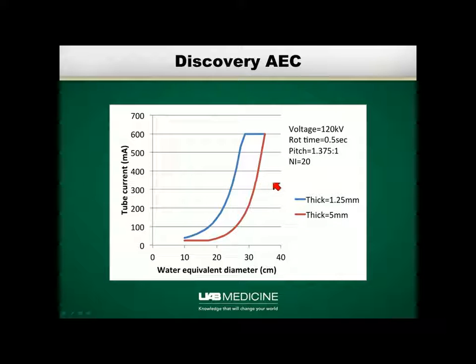So, for example, these two curves have a noise index of 20, but different thicknesses on the first recon series that's done. The second, third, fourth recon series built off this acquisition don't get a say, just the first one. So you have to know that on the GE Discovery scanner, if you change the image thickness, you're going to change the tube current unless you also change the noise index.